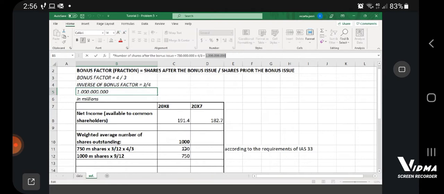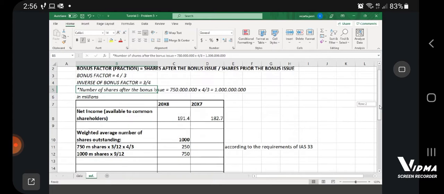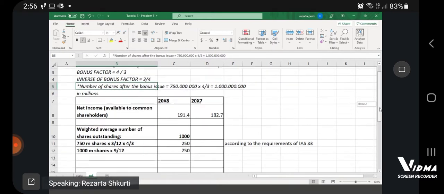Why do we do all these calculations? Well, they are needed according to the requirements of IAS 33. But to have a shortcut, remember, the weighted average is the same as the number of shares after issuing the bonus. Okay, we finished the basic earnings per share for 2018 and then we have a short break.